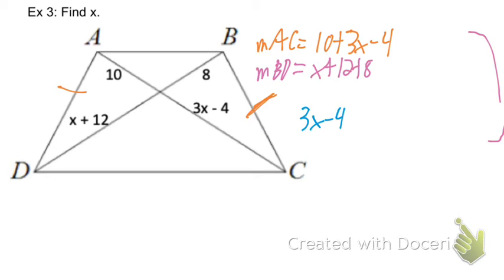That's not what's happening here. Let's try it again. 3x minus 4 plus 10 equals x plus 12 plus 8. There you go. We set those two diagonals equal to each other. Is this going to be the most complex equation ever? Probably not. Go ahead and solve it.